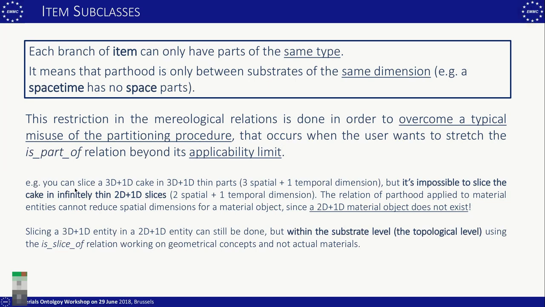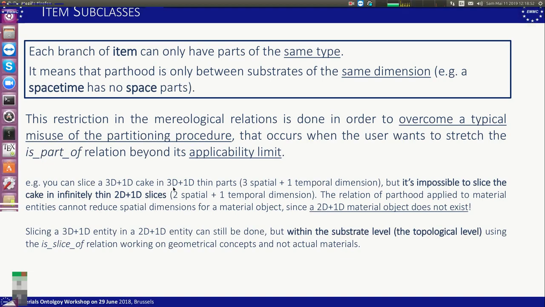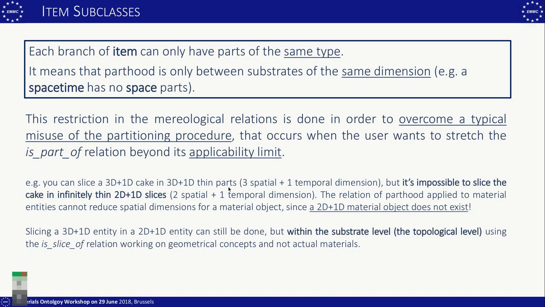Let's make an example. You can slice a 3D plus 1D cake, so a 3D cake in time, in 3D plus 1D thin parts, but it's impossible to slice the cake in infinitely thin 2D plus 1D slices. You cannot create a piece of cake which is 2D in space. You cannot.